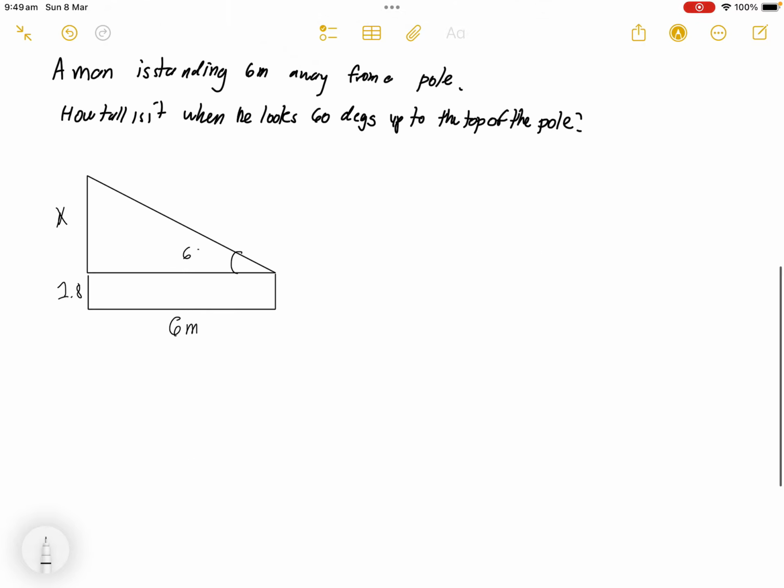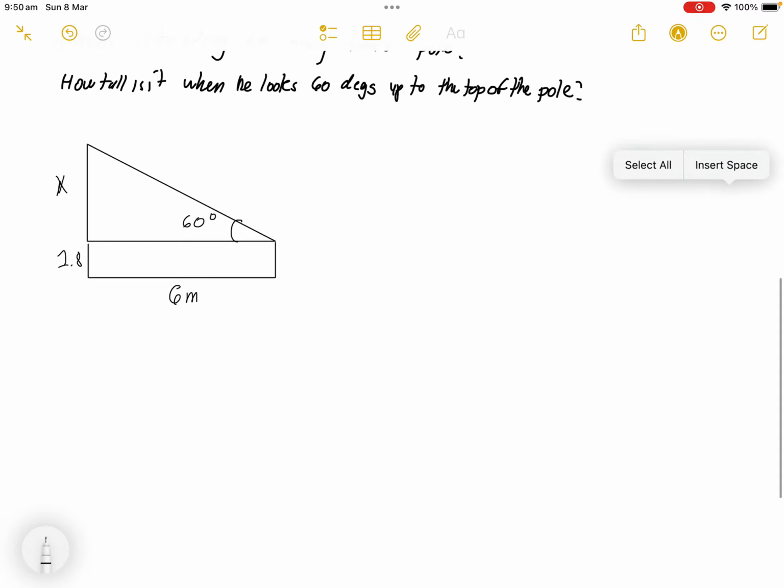That is 60 degrees over here, but note that it's not an accurate representation of how the scenario plays out. We can actually ignore the 1.8 first and find x, the height.